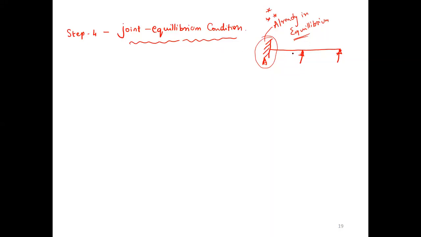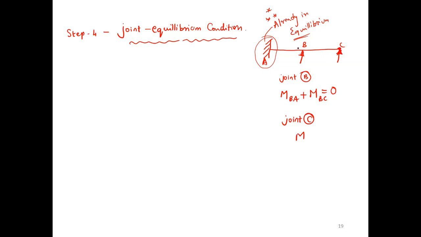Now if you come to B and C, at joint B the equilibrium condition is MBA plus MBC equals 0.